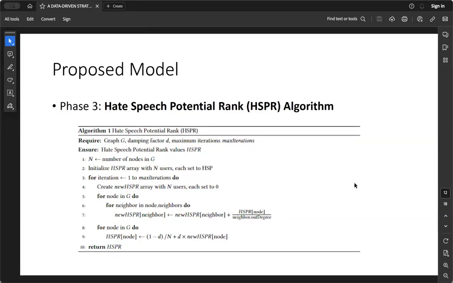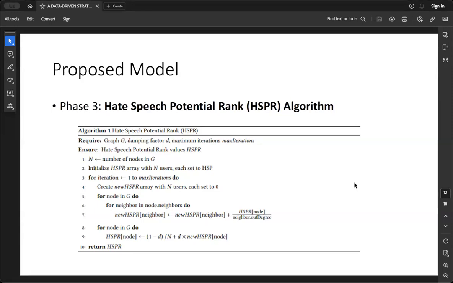So phase 3 focused on implementing the modified PageRank algorithm, and compared to the traditional PageRank, here our initial ranks were the normalized HSP values from phase 2. The output was the final ranks of each user that was calculated based on the hate speech potential rank algorithm, and we labeled that as the hate speech potential rank, or HSP.